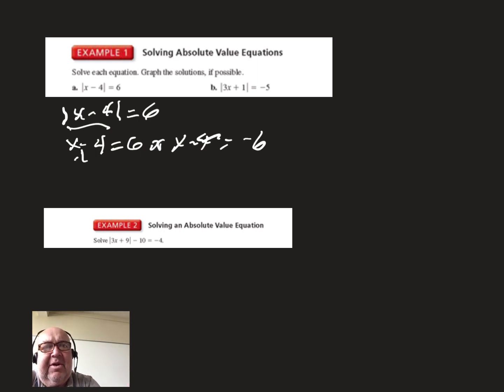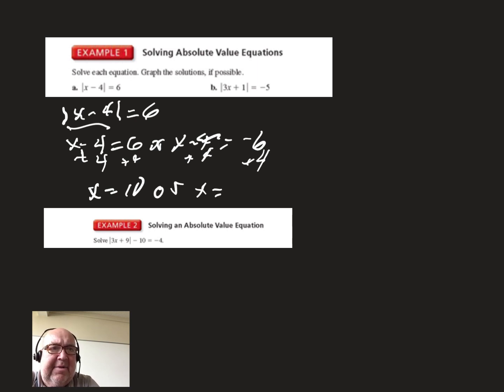I'm going to go ahead and add 4 to both sides of the equation, doing both equations at the same time. I get x equals 10, or x equals negative 2.